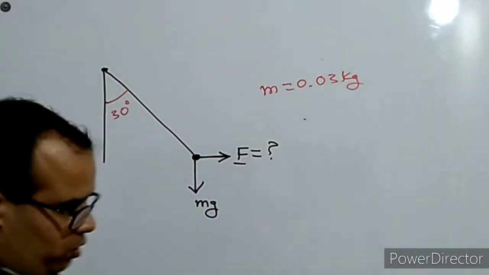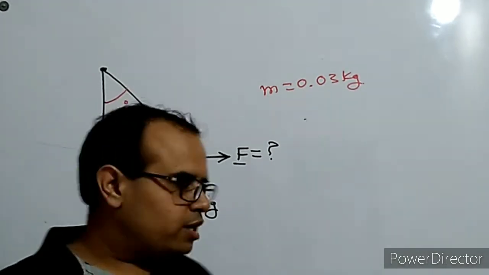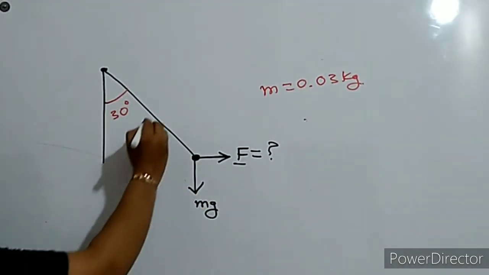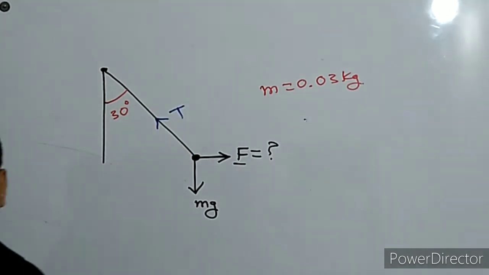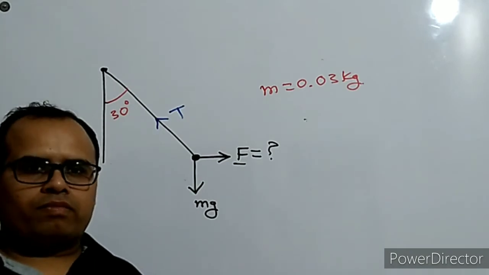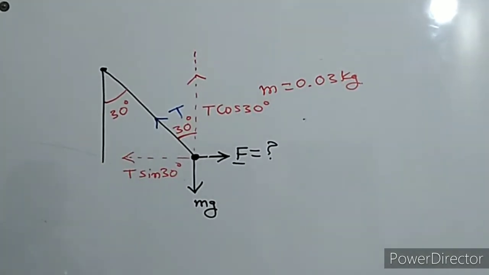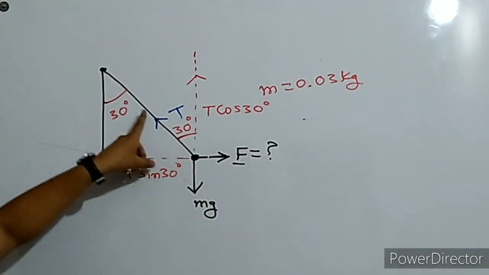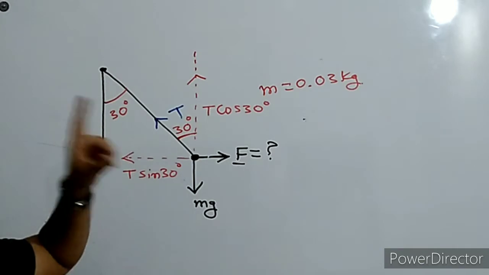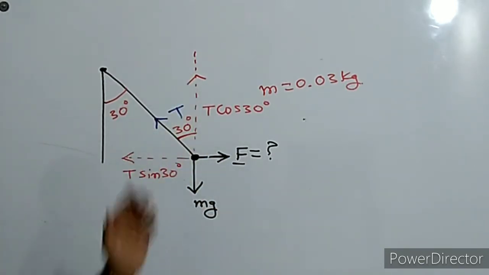Okay, so one thing is very clear, that this is the tension, capital T. In order to find this force, we resolved this tension vector into two components, vertical and horizontal.